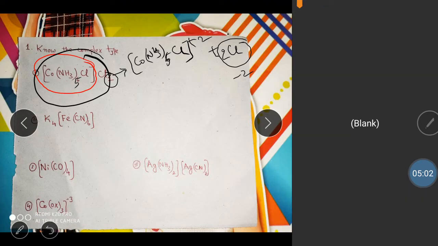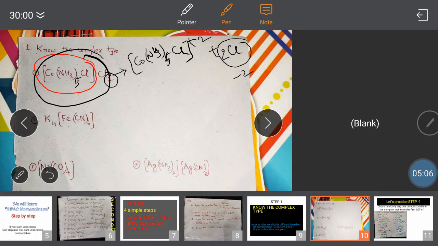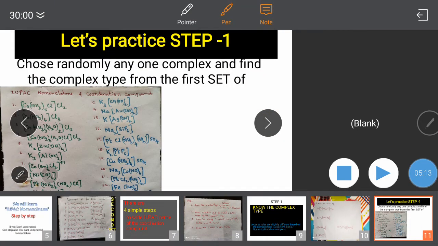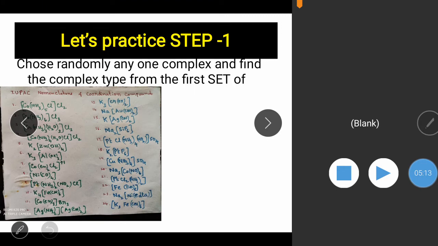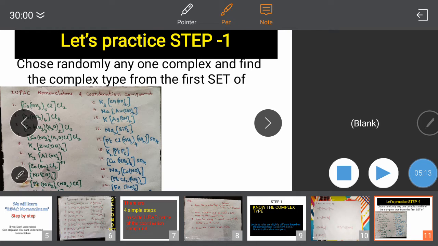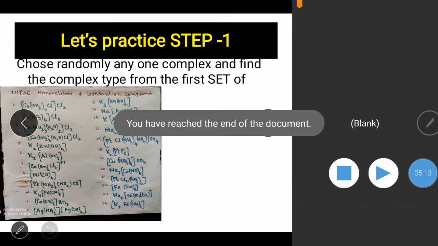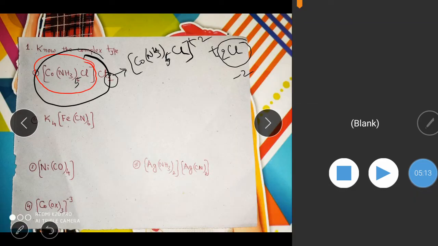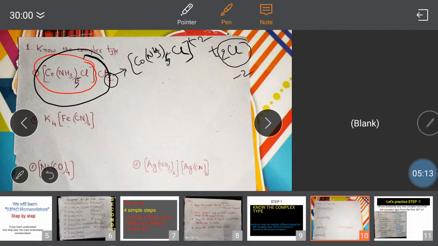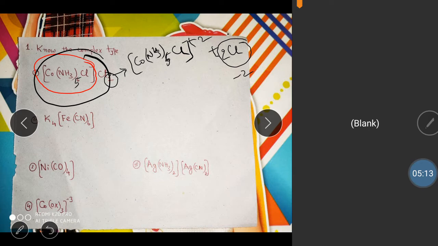Okay, so this cation carries plus charge.